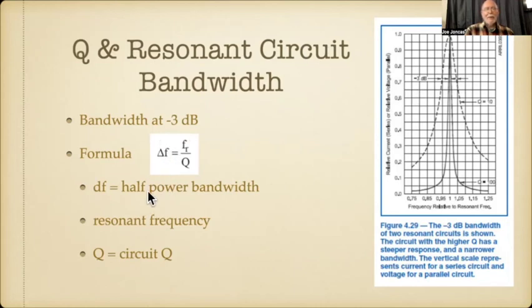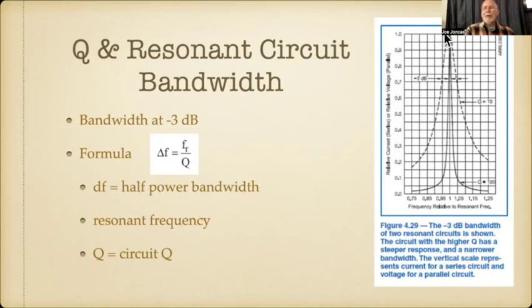Remember we talked about minus 3 dB. I was going to put a delta in, find one of these and put it here, but I didn't get time to do that today. So the delta of F is equal to the half power bandwidth.